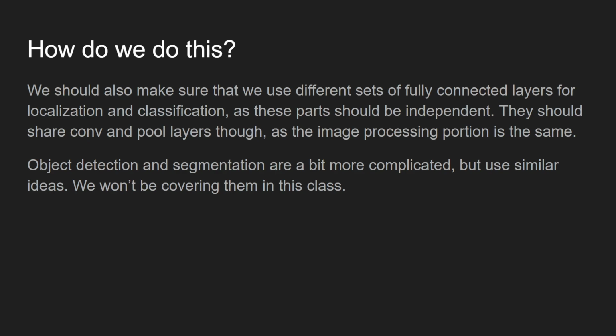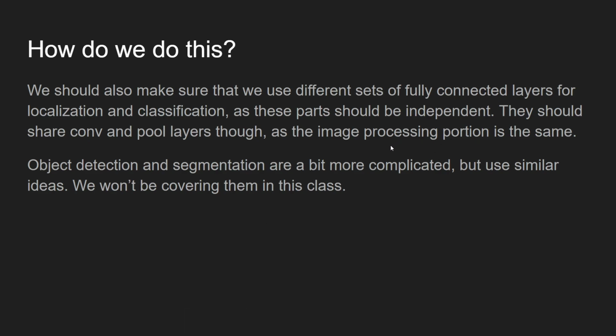That's because it's going to be a lot easier for the neural network to learn the specific box drawing function as the one head and the classification function as the other head, instead of trying to learn both at the same time. The part that can be shared, though, is the convolutions. Those will be just fine being kept together, as they do a much better job of feature extraction anyways. So we're sharing our convolutional component.